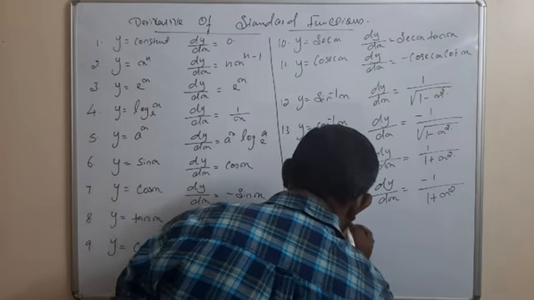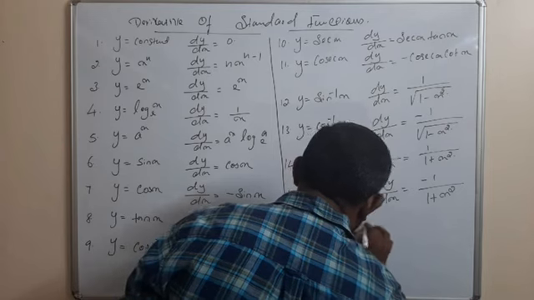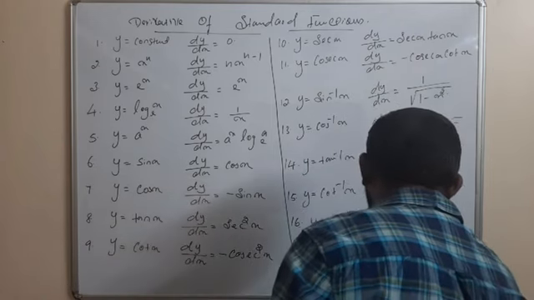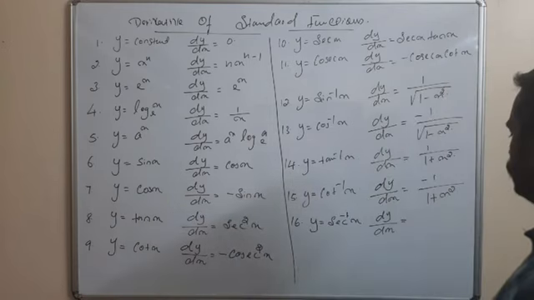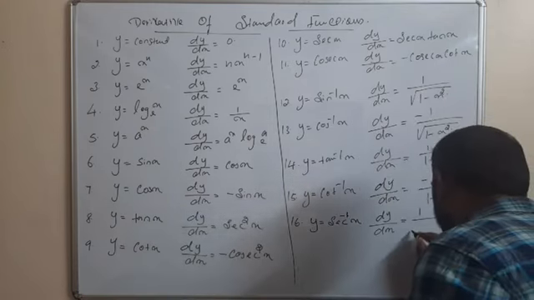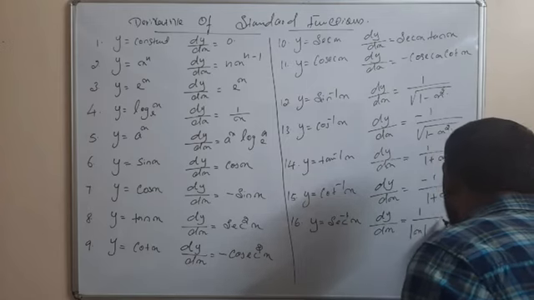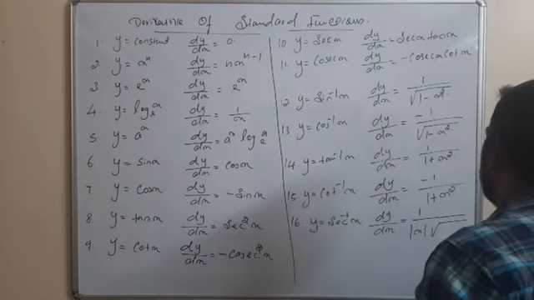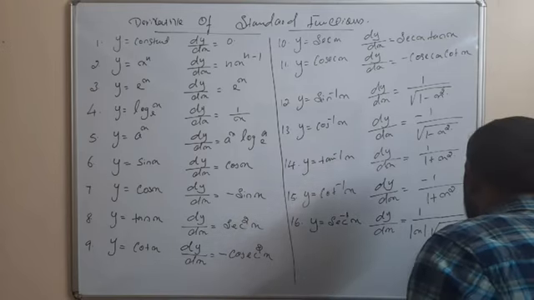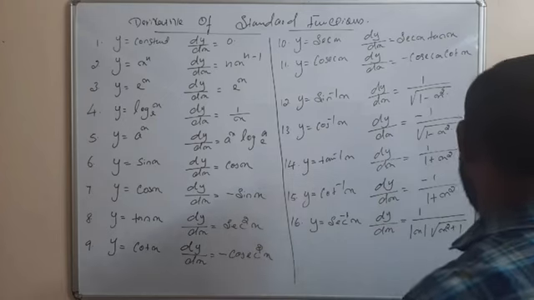Y is equal to secant inverse x. dy by dx equal to 1 divided by mod x into root of x square minus 1.